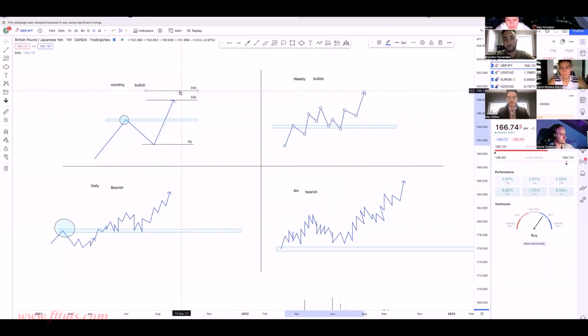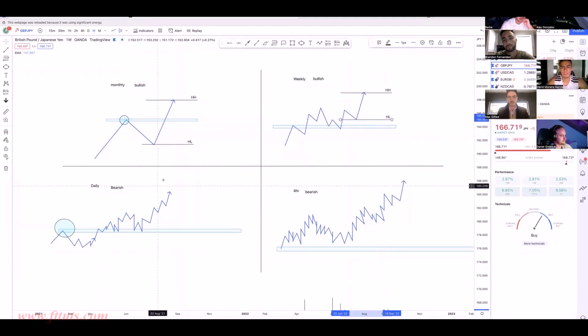Same thing, easy, higher high. What would this point right here be? Nothing, exactly. This would be the higher low. The higher low is the last point that broke out of the points, okay? So this would be the higher low.